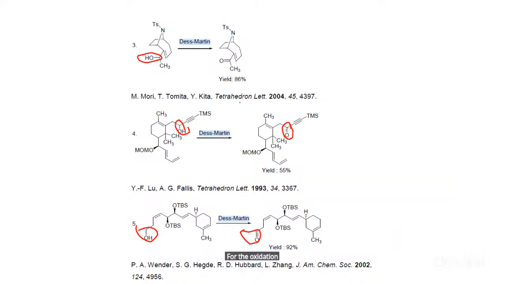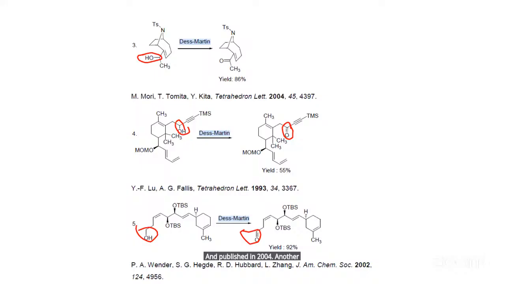In 2004, the secondary alcohol is converted to the ketone molecule. This is actually a bicyclic ring where the side chain part is oxidized to the ketone, published in 2004.